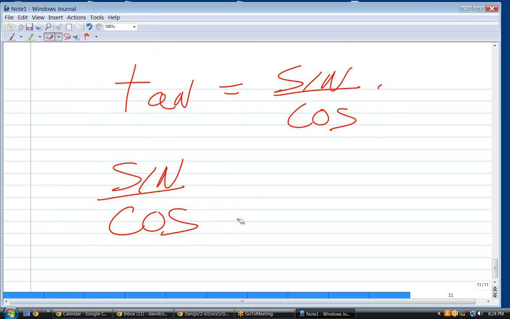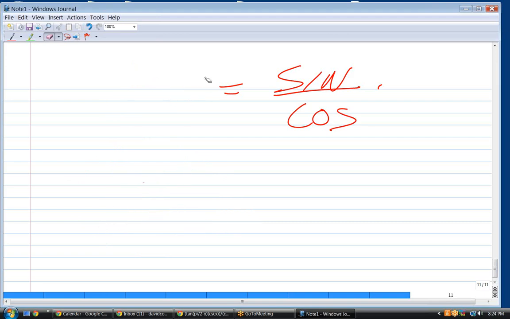But it still comes down to knowing your 11 basic identities, plus the 6 cofunction identities. But between those 17 identities, you'll be able to solve all verifying trig functions, at least at this point. You haven't gotten sum and difference yet, or double angle identities, or half angle identities. When you get those, there's a bunch more to memorize.